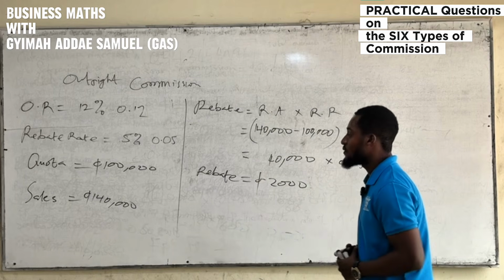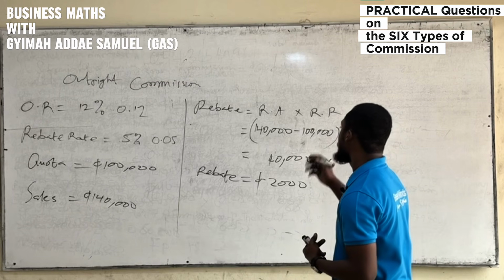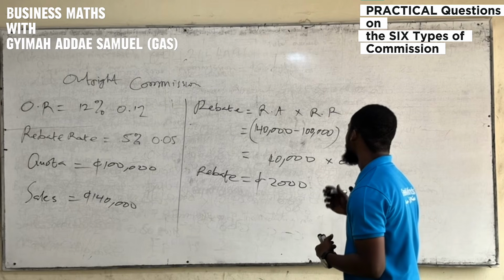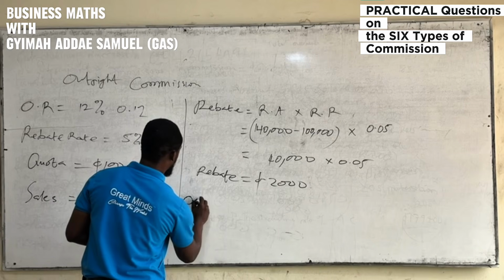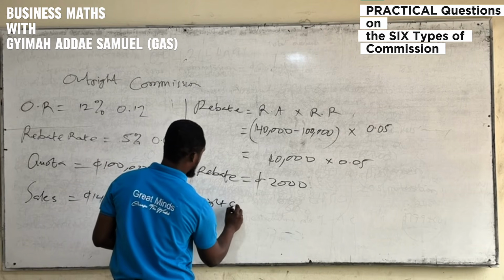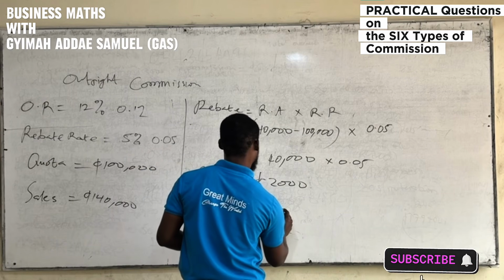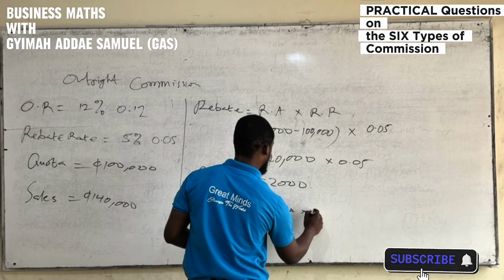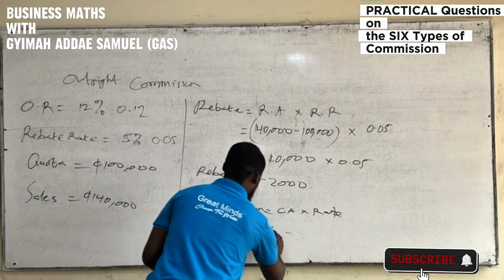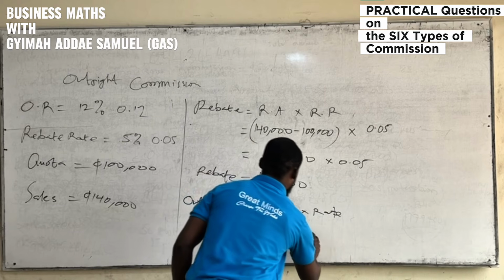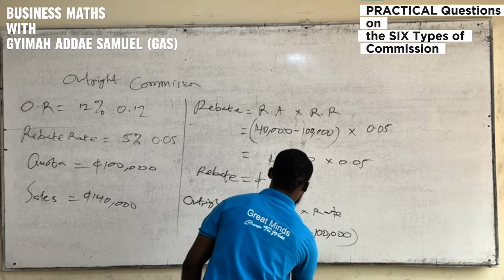We first have to find the outright commission amount, the same as we did for the rebate: we subtract 100,000 from 140,000 and get 40,000.